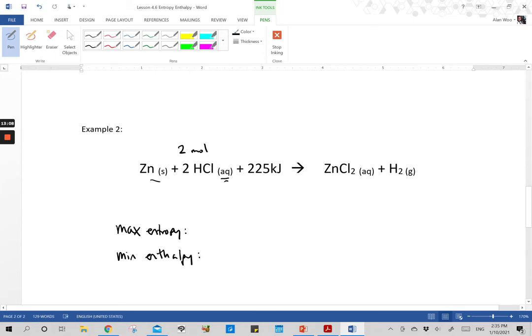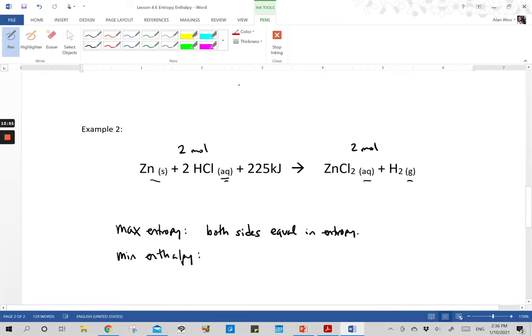On the other side, we also have 2 moles of aqueous or gas. Okay, so in this situation, both sides are equal in entropy, if we're only looking at the number of moles of aqueous and or gases. So everything is based on enthalpy now. So we want to find the side that has minimum enthalpy.